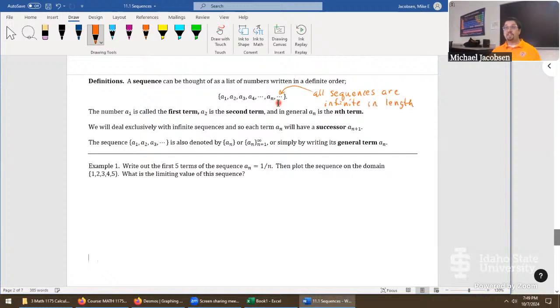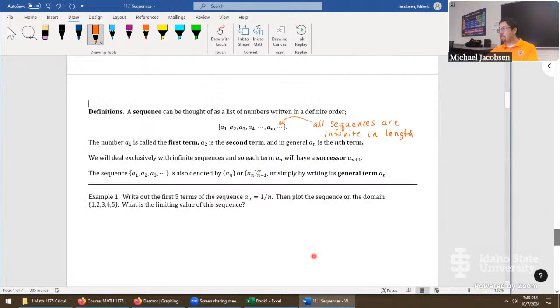In other words, they have infinitely many different terms. So it's as if we're taking a function that goes like this. F takes its domain, something like the natural numbers, 1, 2, 3, 4, and so on, and gives you a real number output. The real numbers are the terms, A1, A2, they can be any number whatsoever.